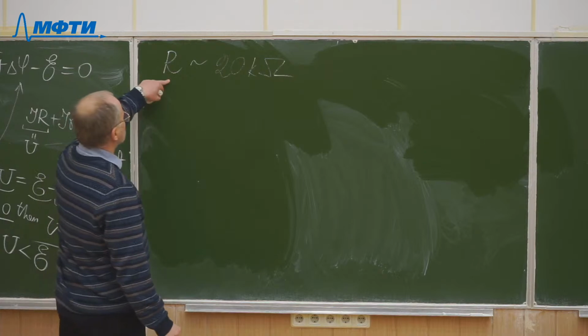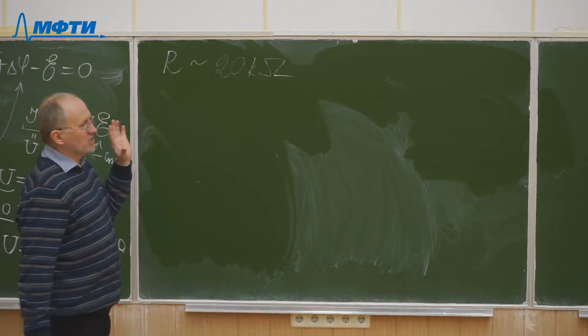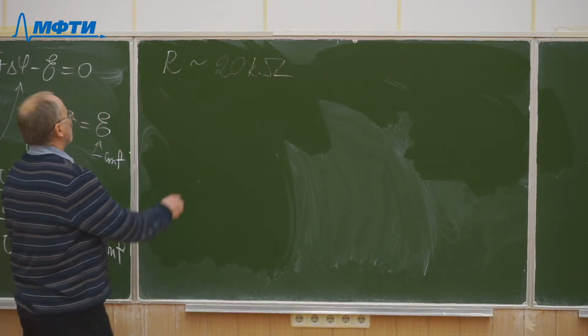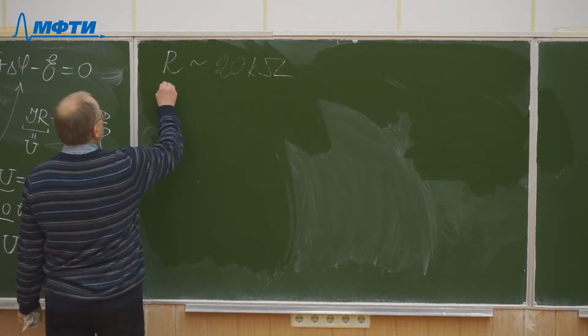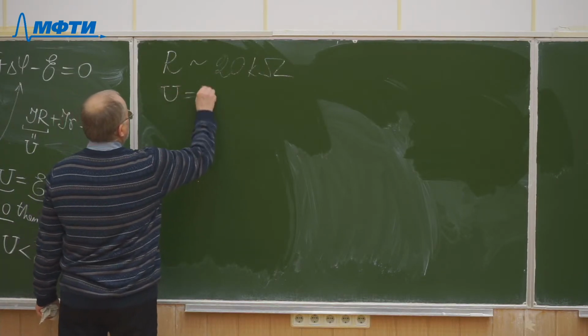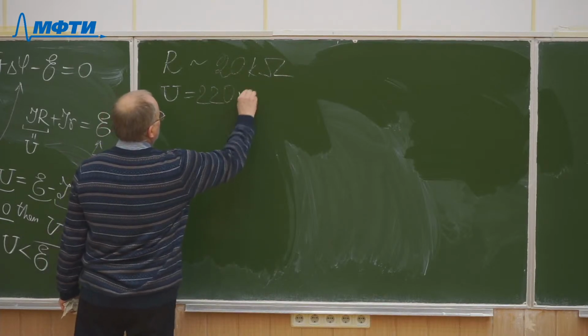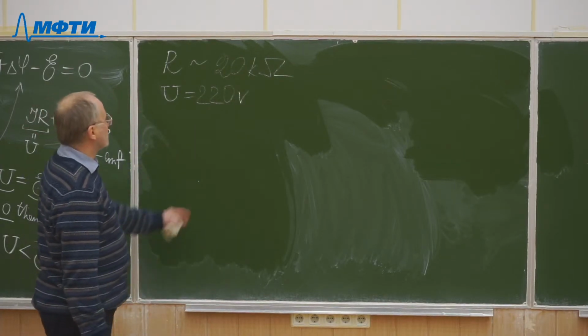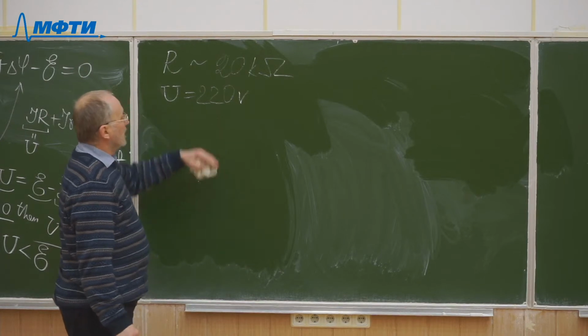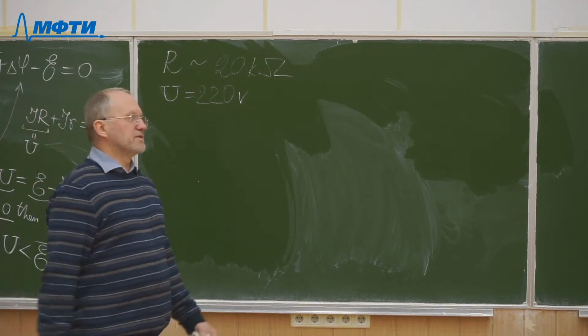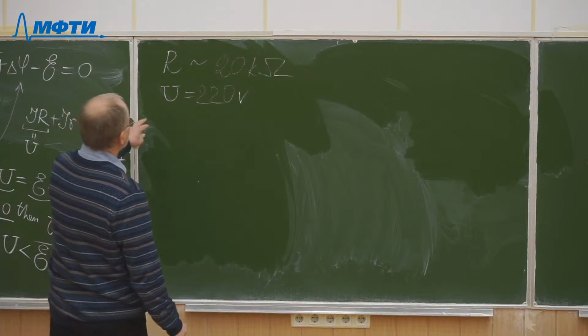And suppose this person has touched a cable which is at the voltage 220 volts, which is the standard voltage in electrical power circuits in the buildings in this country.